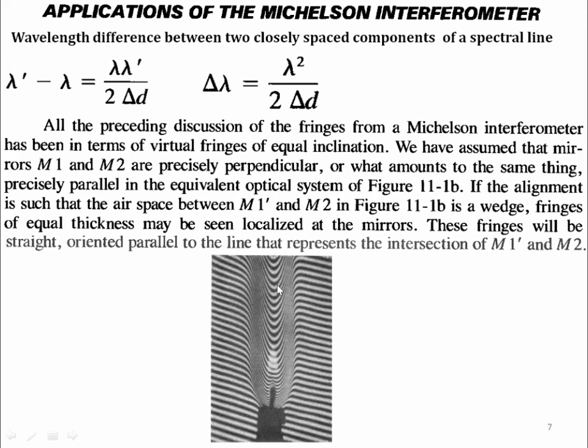Now that's I think all, but yes, there are certain other interesting aspects. For example, this diagram I have taken from the same book which I'm following for this unit. This diagram is referring to the fringes which have been altered because somebody has placed a candle in the path of one of the beams. So why do you think these fringes have been altered because of a candle placed in the path of a beam?